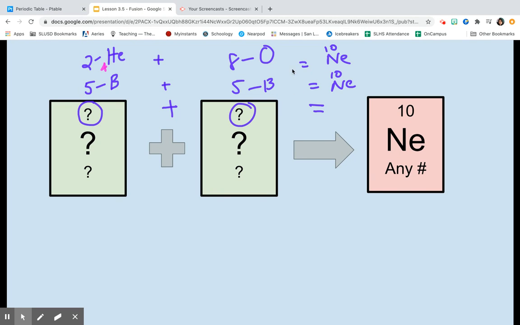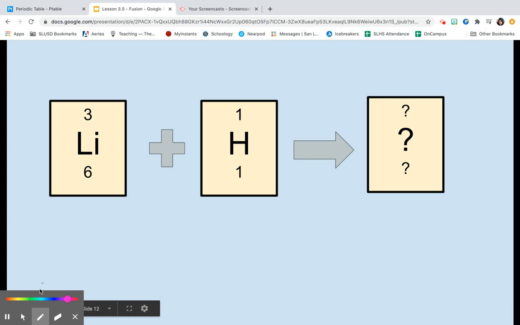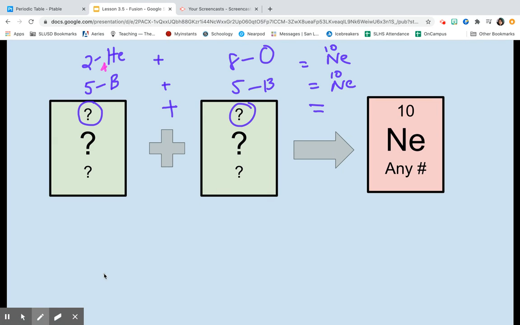So this is going to be 16 for the mass. 4 plus 16 is going to be 20.